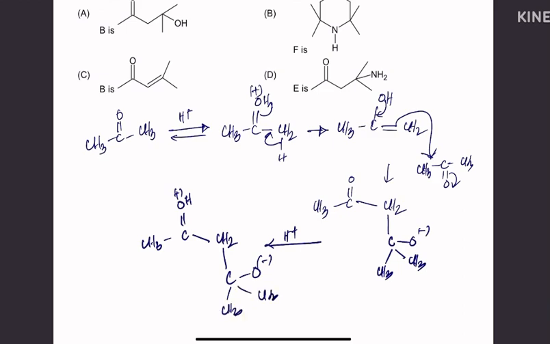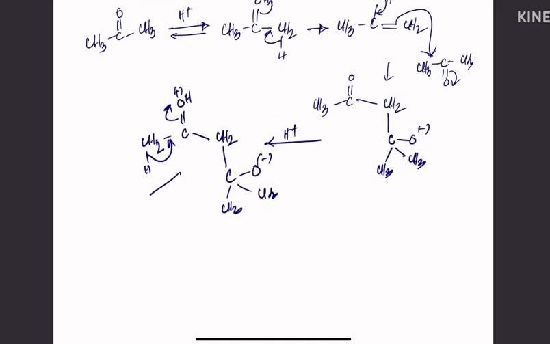Now in this case there is a CH3 which will be CH2H. It will come, it will go, so it will form a CH2 double bond COH, CO minus CH3.